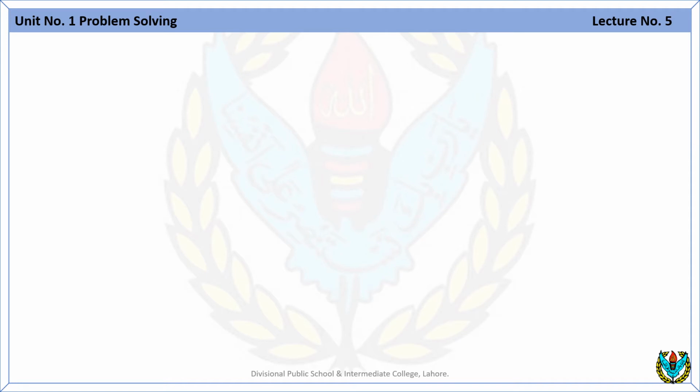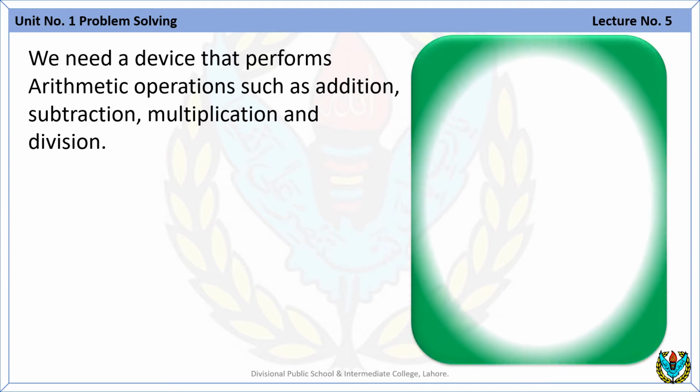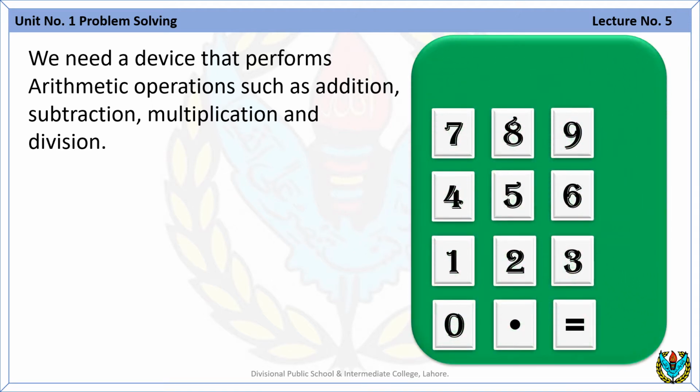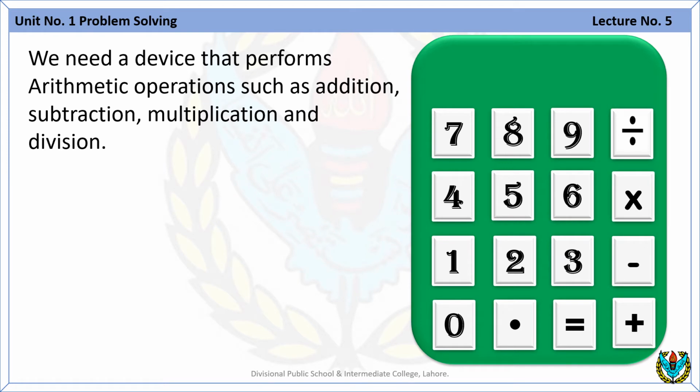Let's do some practice on verification and validation to clear the concept with an example. Here is a problem. We need a device that performs arithmetic operations such as addition, subtraction, multiplication, and division. The solution is a calculator, the device that performs arithmetic operations such as division, multiplication, subtraction, and addition.